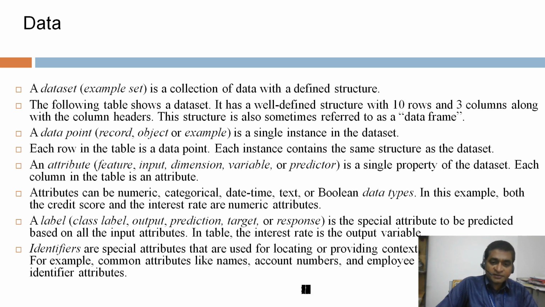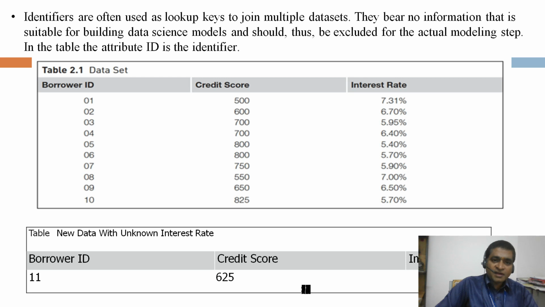Identifiers are special attributes that are used for locating or providing context to individual records. For example, common attribute names like name, account number, and employee ID numbers are called identifiers. In this example, borrower ID is an identifier, credit score is an attribute, and interest rate is also an attribute. Both the attributes are numerical attributes.